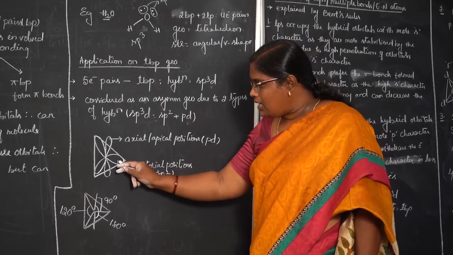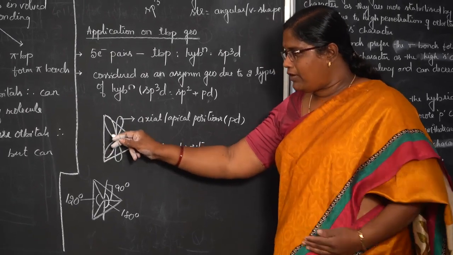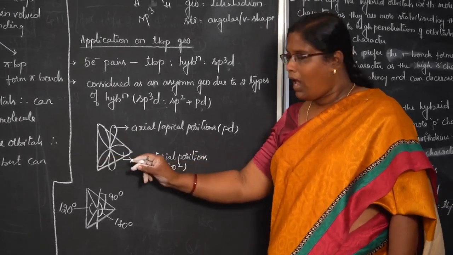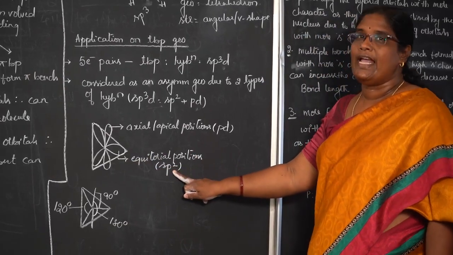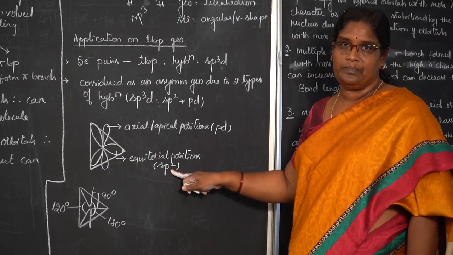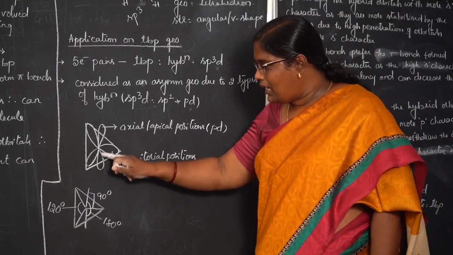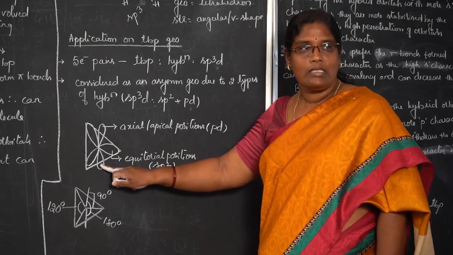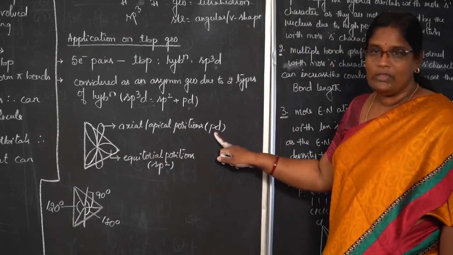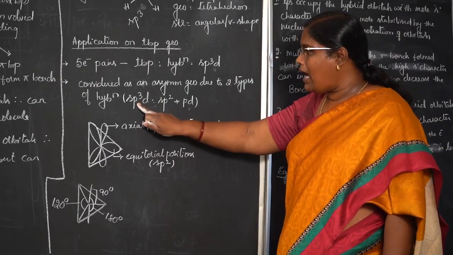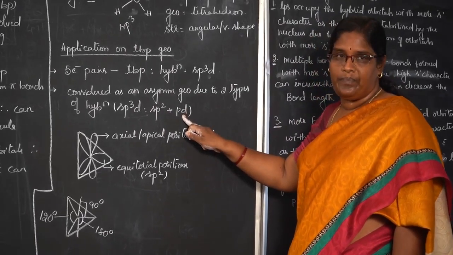These are called equatorial orbitals, and they are formed with sp2 hybridization. These other orbitals we call apical or axial orbitals, and they are formed with pd hybridization. That's why we write sp3d as sp2 plus pd.